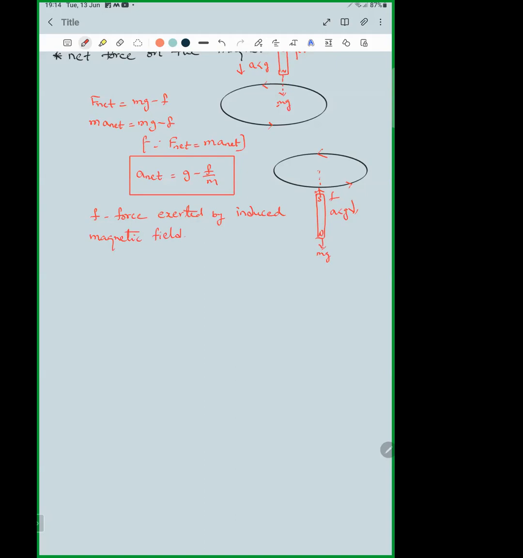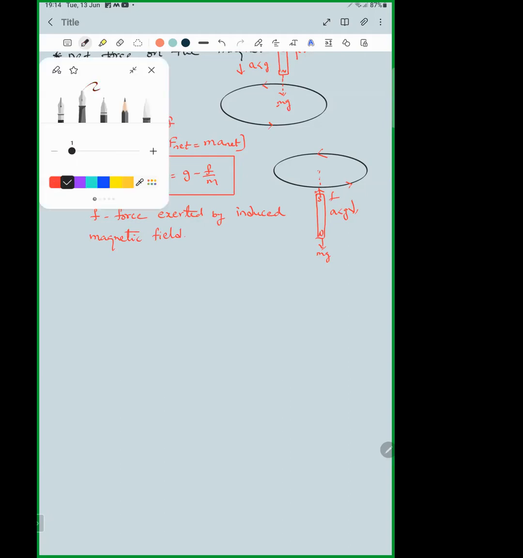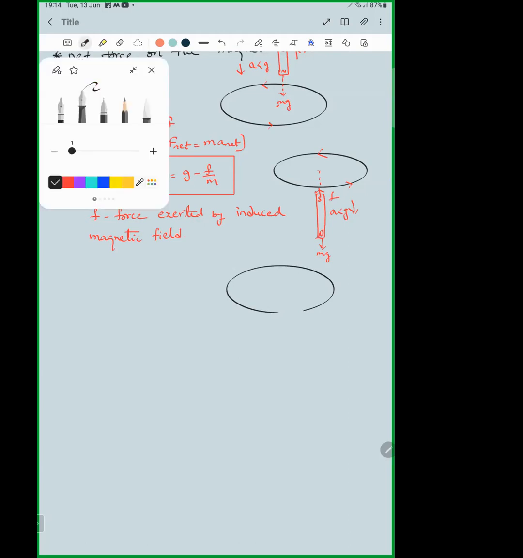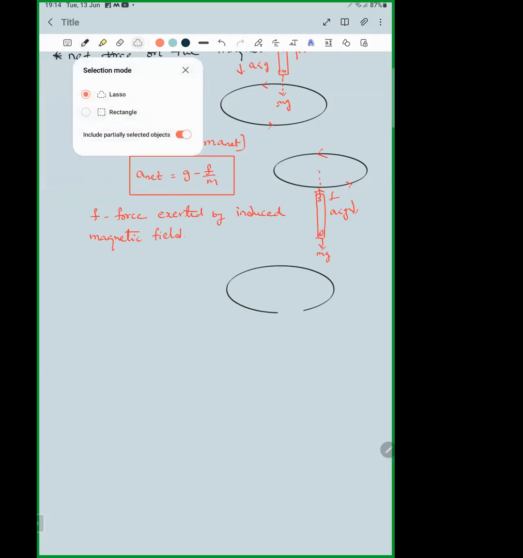Next one: when the magnet is allowed to fall through an open ring, what happens? Instead of a closed ring, if I consider an open ring here, now what happens? There is some breaking here.